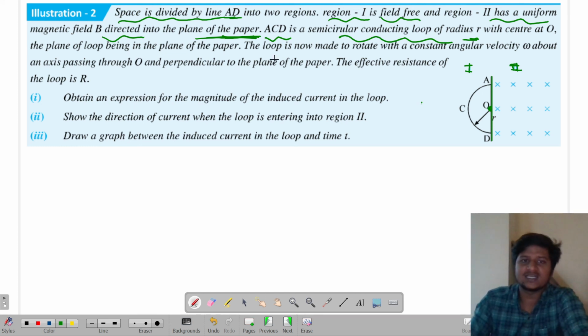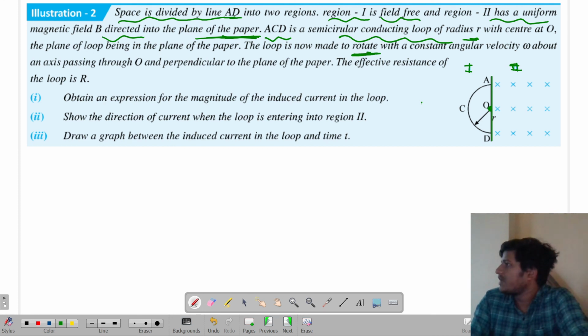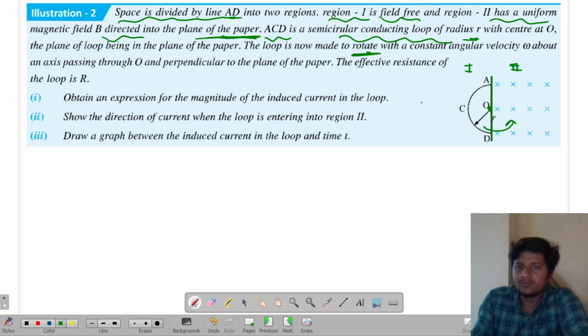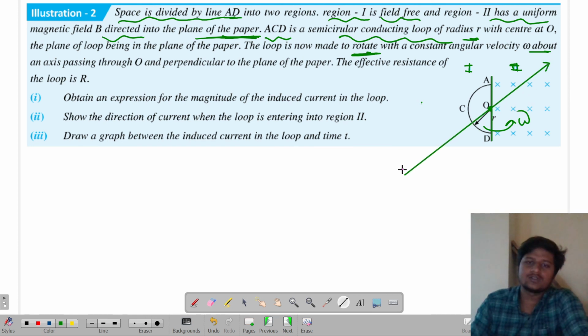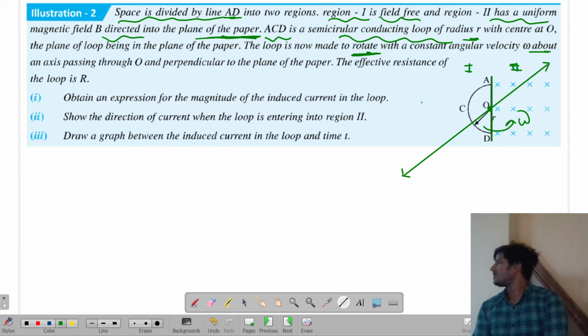What is the question asking? The loop is now made to rotate with some angular velocity omega about the axis passing through O, perpendicular to the plane of paper and parallel to the magnetic field.